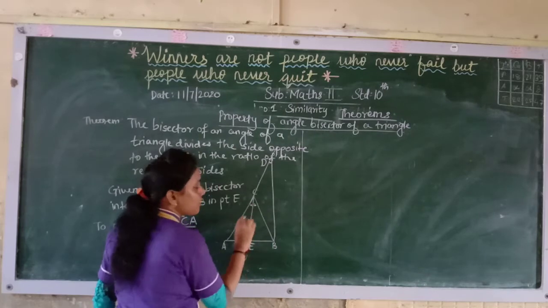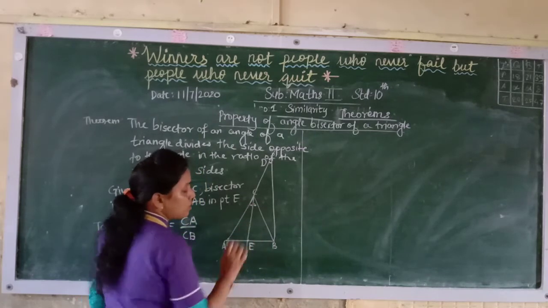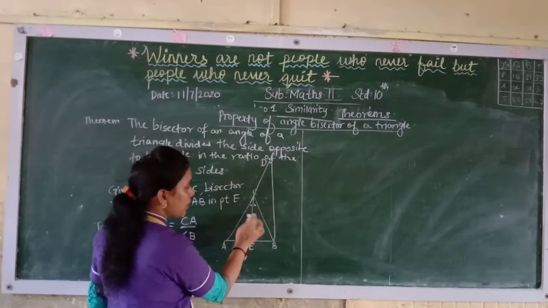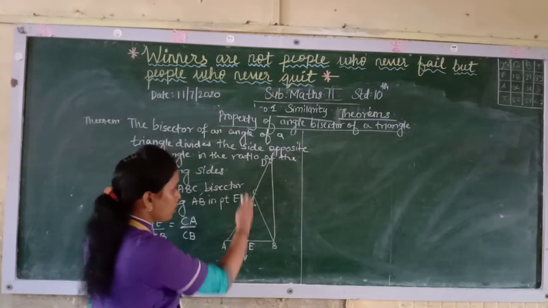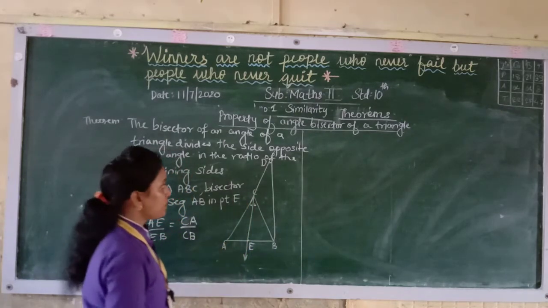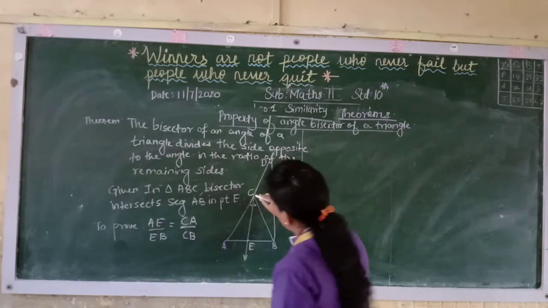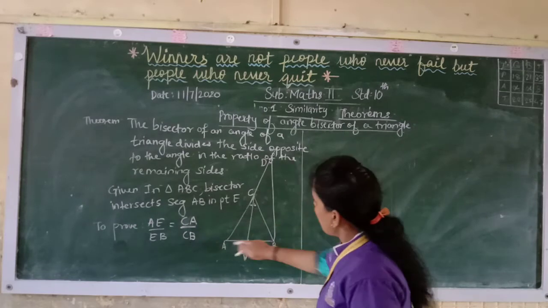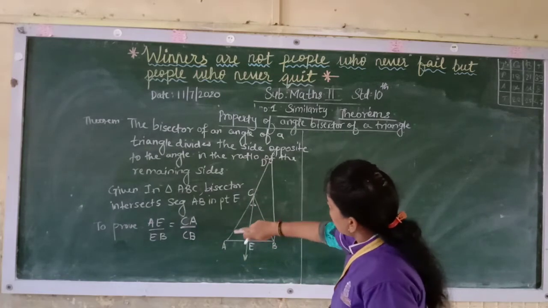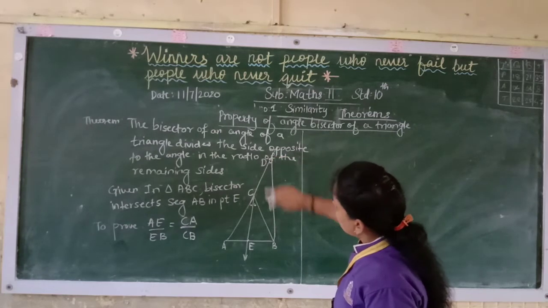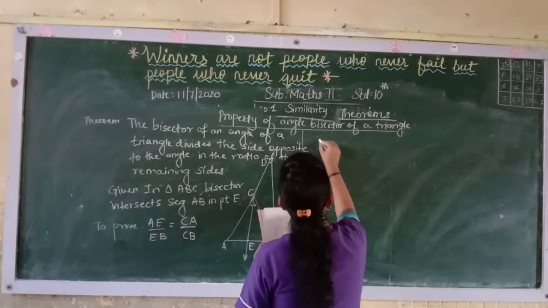We know, because there is an angle bisector, if this angle is 60 degrees and there is an angle bisector, this will become 30-30. These angles are congruent, that we should know, because it is an angle bisector. Now see here, the vertex here is C, A, B, C, and when we have extended this point over here, from B it is meeting here at D. So write down the construction over here.